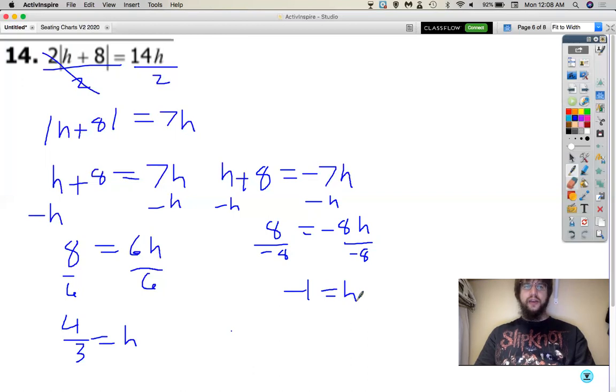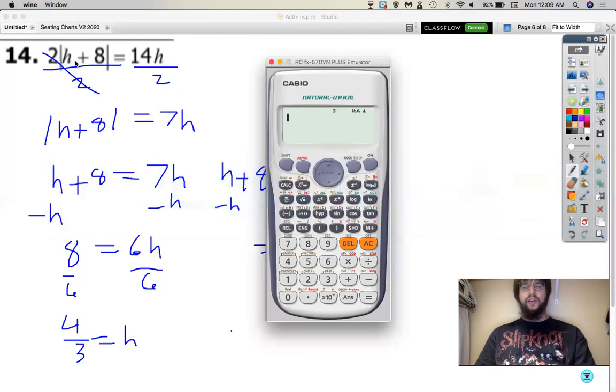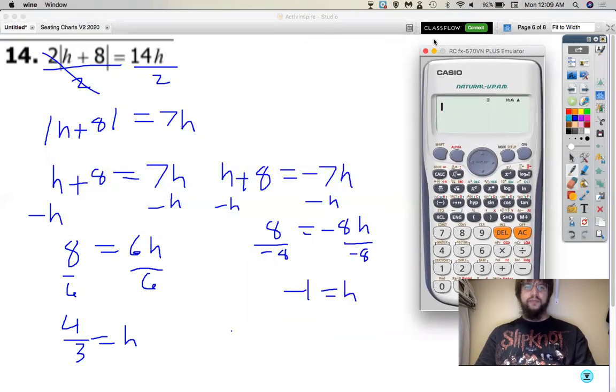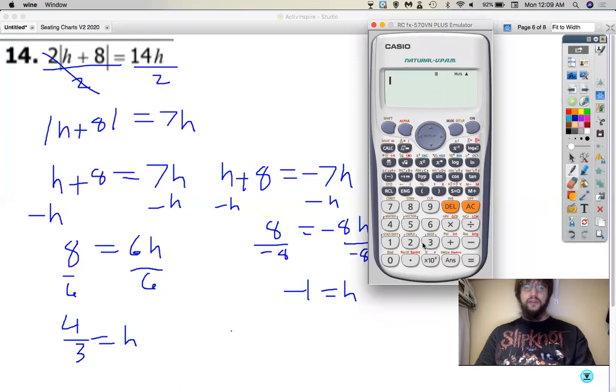Okay, so let me go back and check my solutions. So I'm going to plug 4/3 into here. I'd highly advise using your calculator, especially with fractions. So 2 times the absolute value of 4/3 plus 8. Make sure you get out of there.